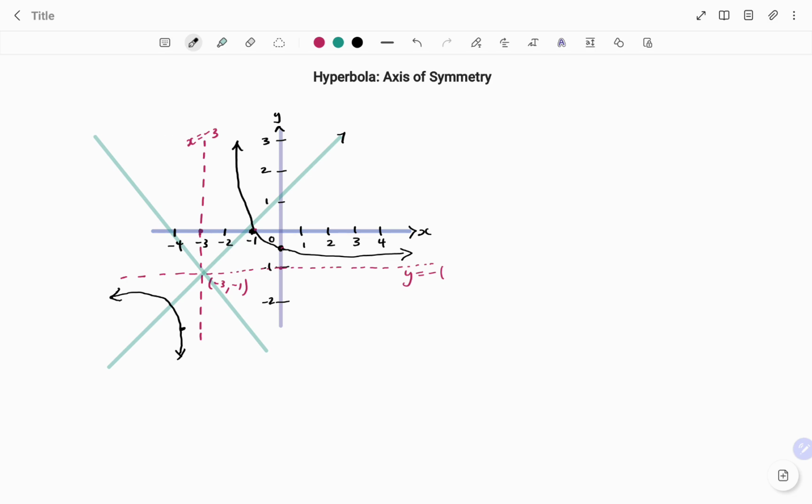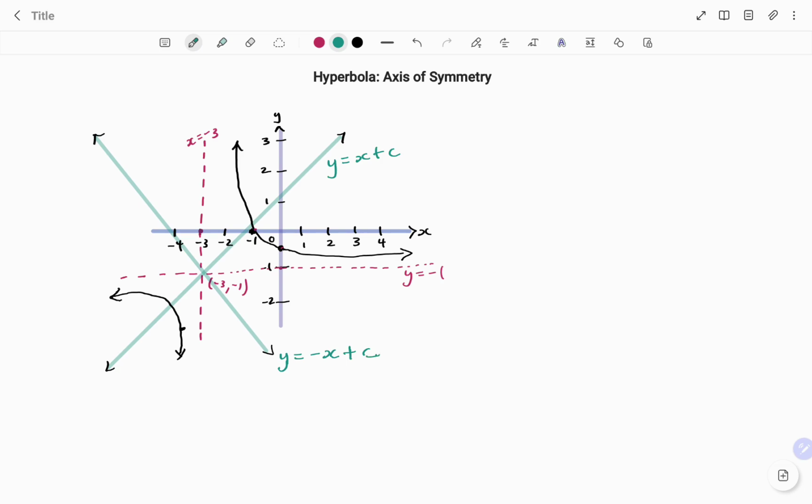Using the equation of a straight line, the one that has the positive gradient is y equals positive x plus c, and the other one has a negative gradient, and the equation is y equals minus x plus c.